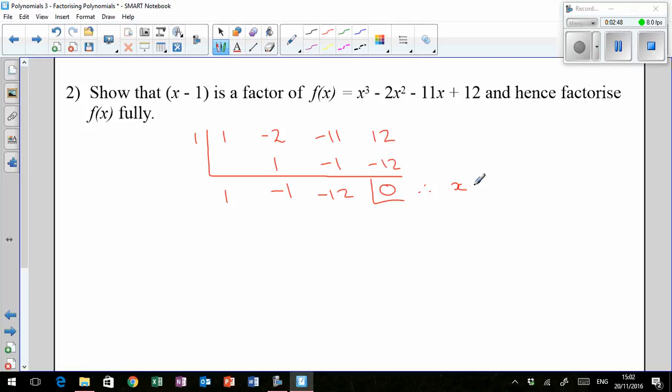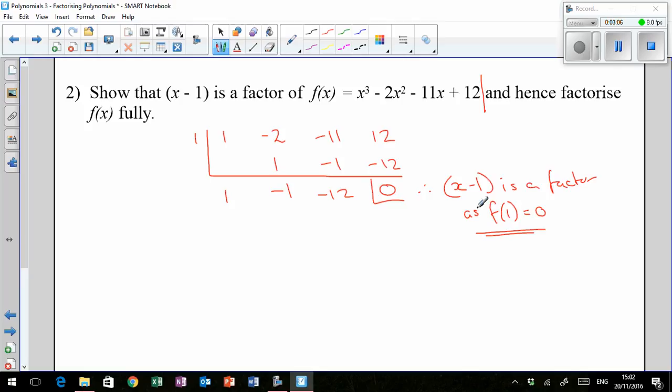Therefore, x minus 1 is a factor as f of 1 is equal to 0. Get that in, make sure you're getting all your marks. Now that's us answered up until that point of the question.